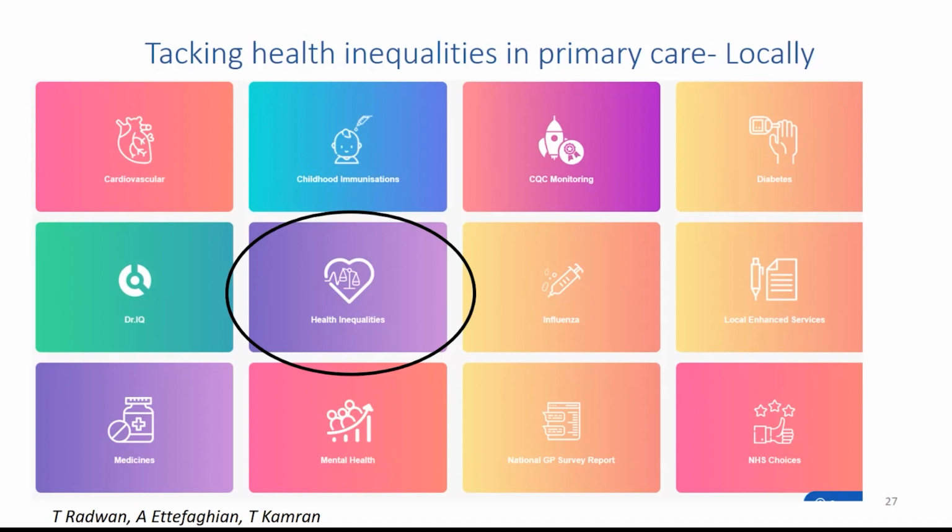When you log in to our dashboard, it helps with all the additional activities and also monitoring your QOF performance. Yep. So then you can decide how to tailor your services depending on where you are in the year. This health inequality specific dashboard was created by Tariq Radwan, one of our lead GPs. Yeah. And it was really important.